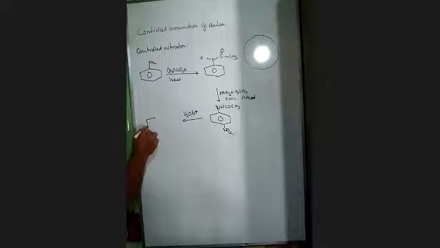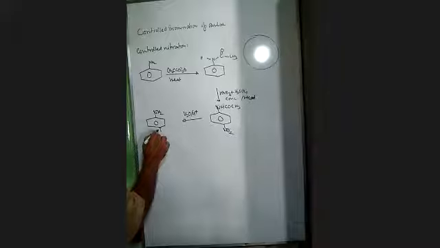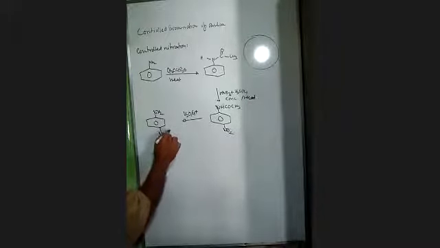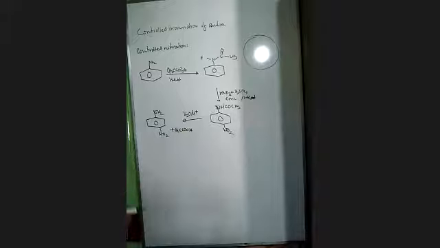Then you get here the product. Both of them are important: controlled bromination and controlled nitration.